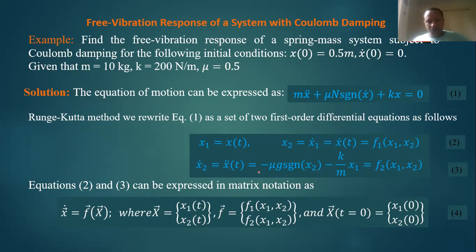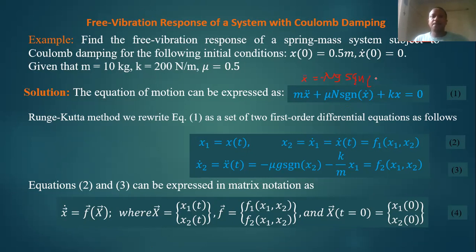Let's apply this on the main equation. X double dot is equal to, bringing mass over here, mu times N, which means mg, so mass is already accounted for, mu g times, this is minus actually because we are bringing it back into the equation, signum of x dot.